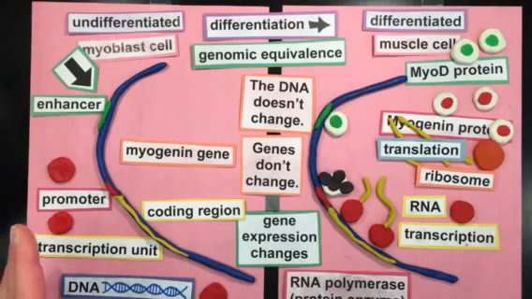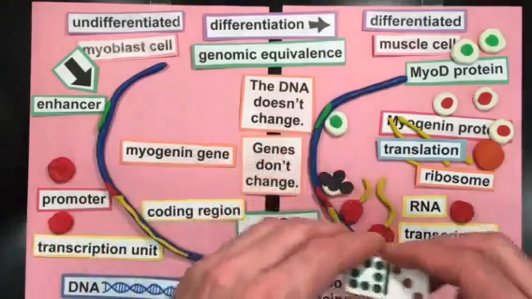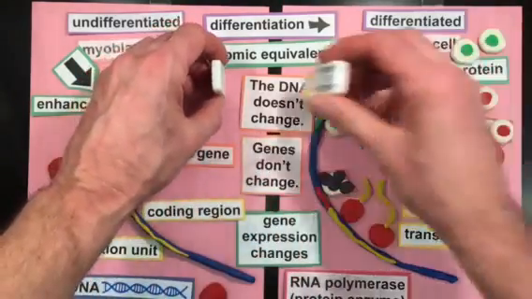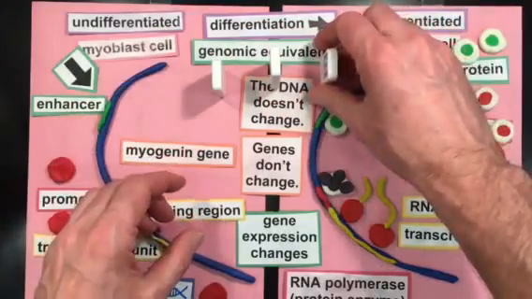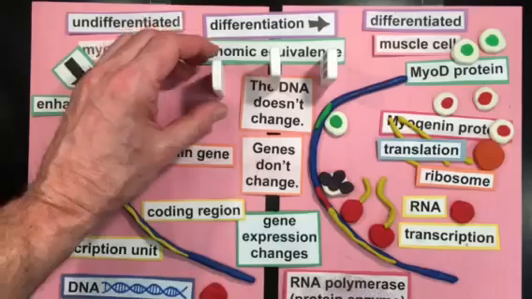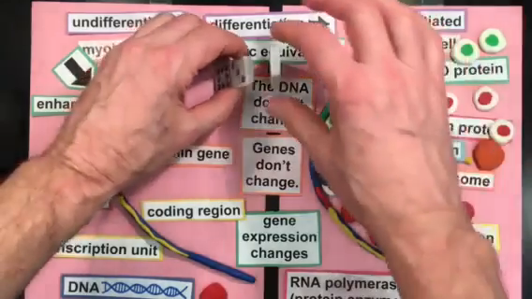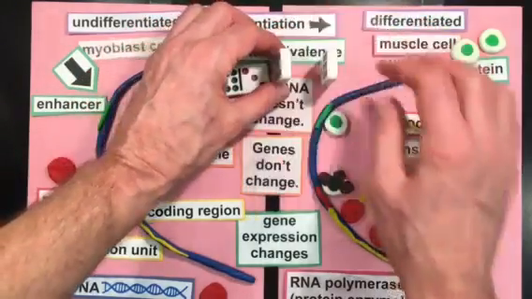The last thing to describe is just to summarize that differentiation always involves this cascade of new gene expression. The MyoD protein is newly synthesized and binds to the enhancer of myogenin.